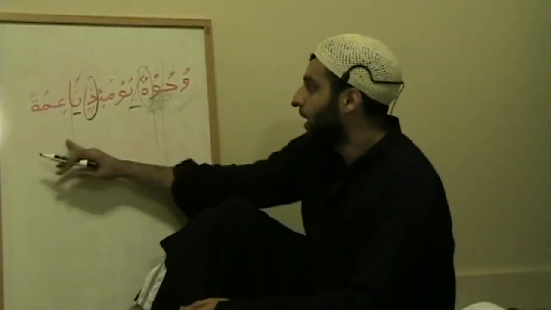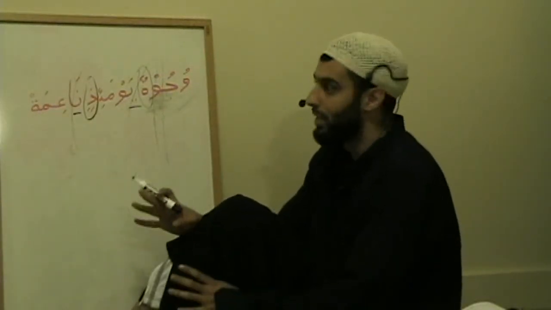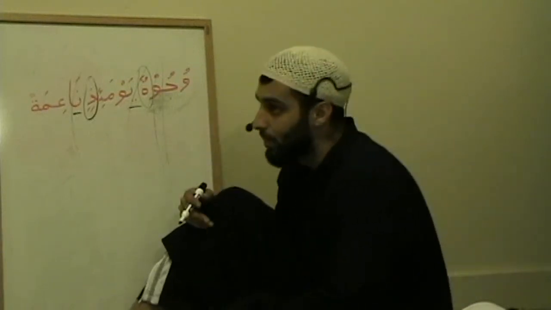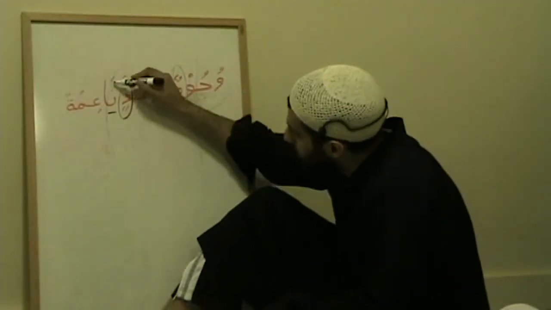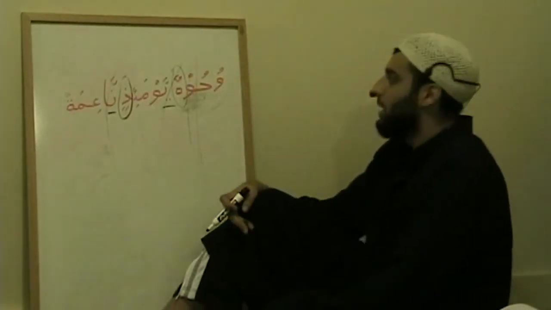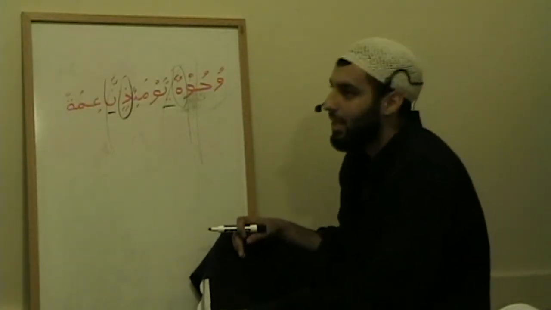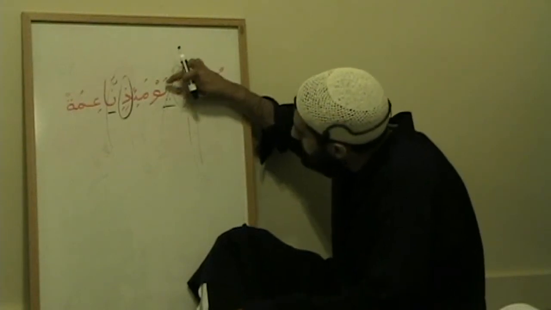So in this ayah, we have 2 examples of idgham bil ghunna. Again, a person could say wujuhun yawma idhin na'ima, but we add shaddas. We say wujuhun yawma idhin na'ima. Actually, I don't believe there's a shadda here.